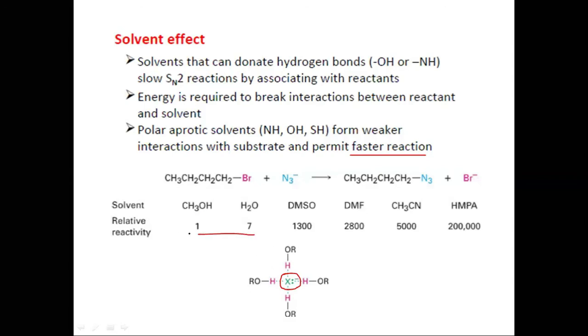That's why you can expect the reactivity of 1 and 7 in this case. As soon as you change from the polar protic solvent to a polar aprotic solvent, the reaction rate is enhanced. So 1300, 2800, and then if you use slightly non-polar systems, you can get a better reaction rate.